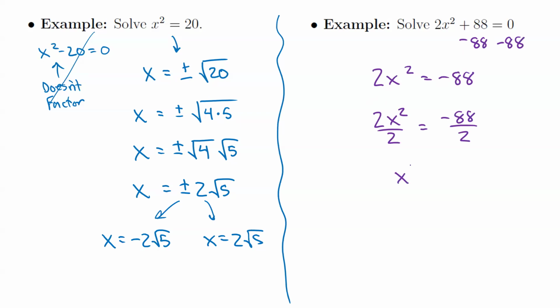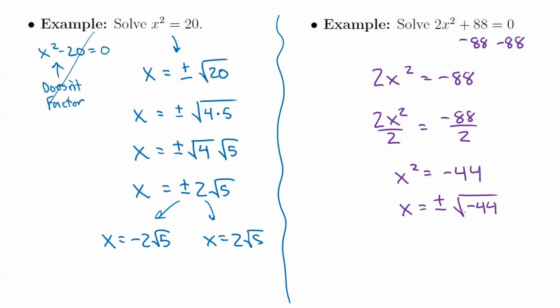And so we get x squared is equal to negative 44. All right. So following the same process, I end up with x is equal to, go ahead and take the square root of negative 44, but remember plus or minus on the outside.